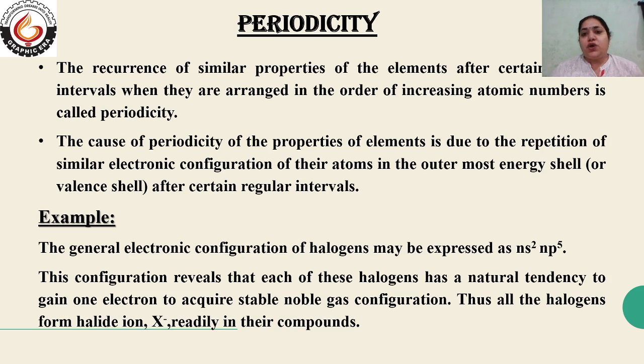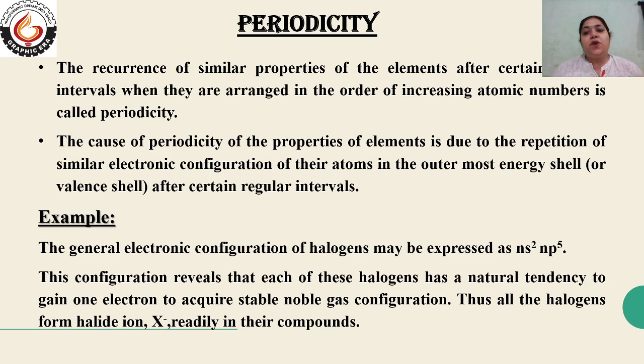Like if we are talking about group 1, the alkali metals, or group 2, the alkaline earth metals, you can see that the properties are similar for all the alkali metals, as all are present in group 1 and they come after a certain interval. Why does this happen in the periodic table?